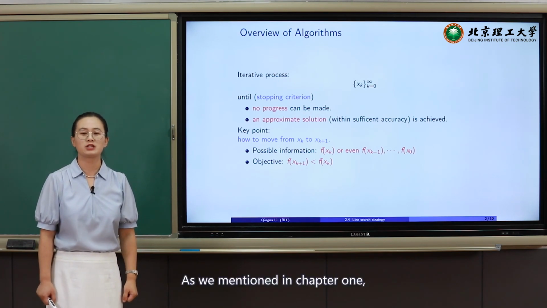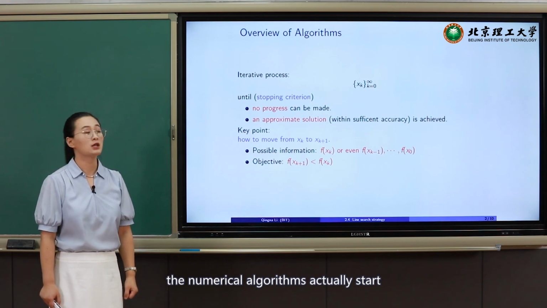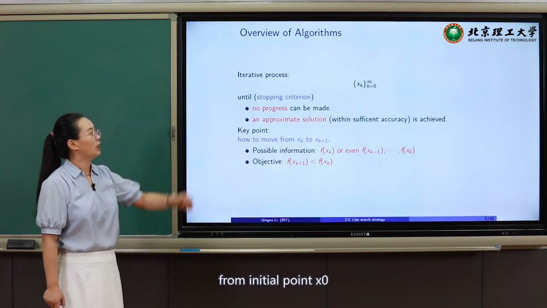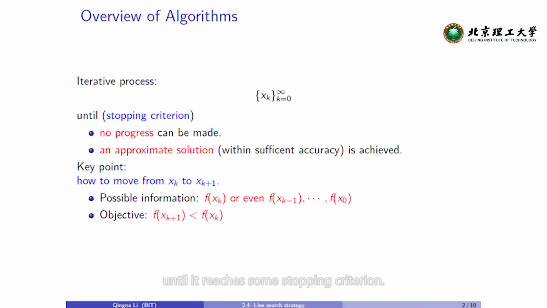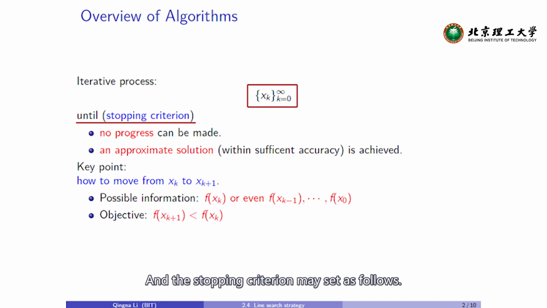As we mentioned in Chapter 1, numerical algorithms start from an initial point x0 and then iterate until they reach some stopping criterion. So it will generate a sequence xk, and the stopping criterion may be set as follows.